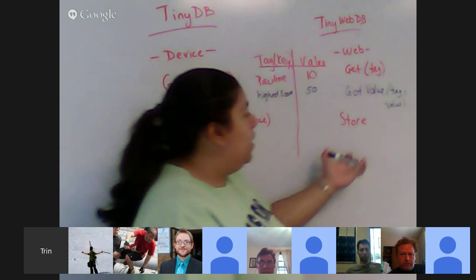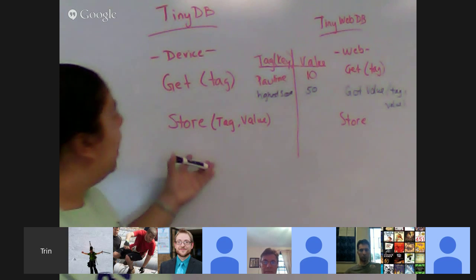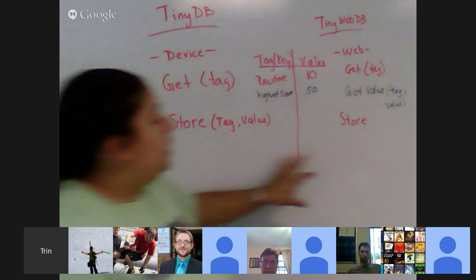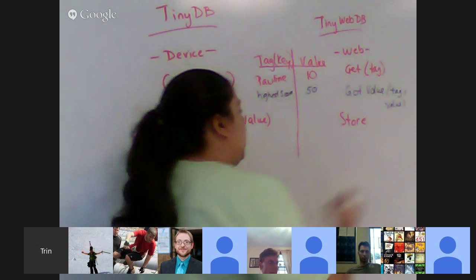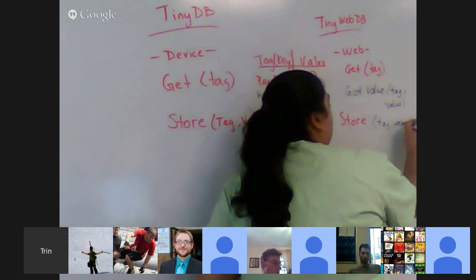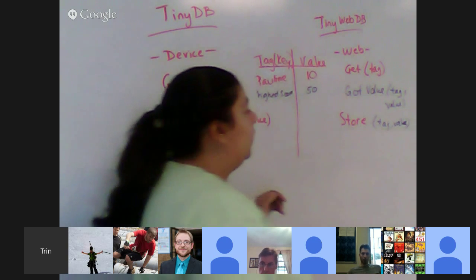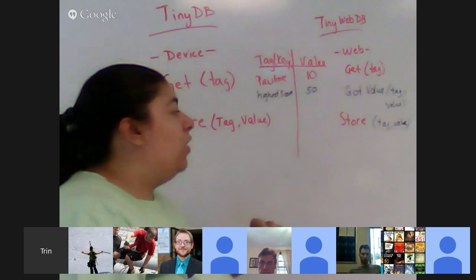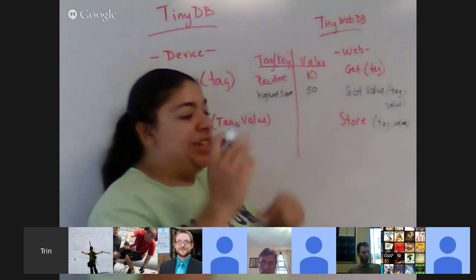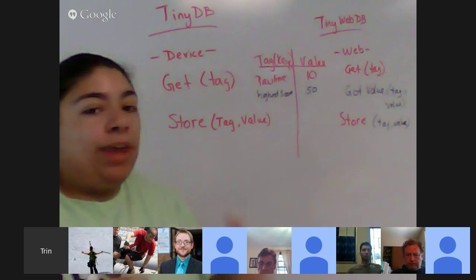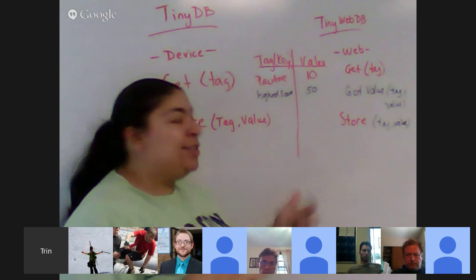Similarly, there's store. For the time being, you only have one store. You're going to need the tag and the value. You ask that your tag and value be stored. That means you're going to send it up to the database, right? But then you have to wait for confirmation that it actually has been stored.